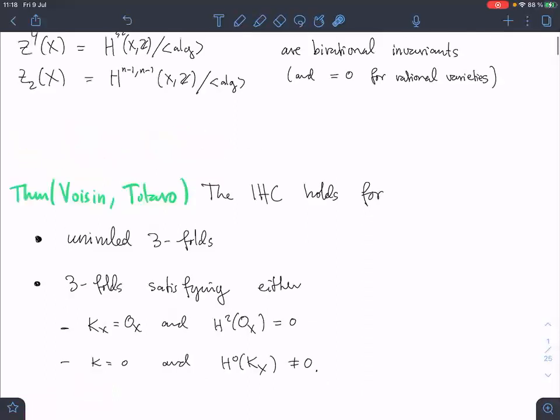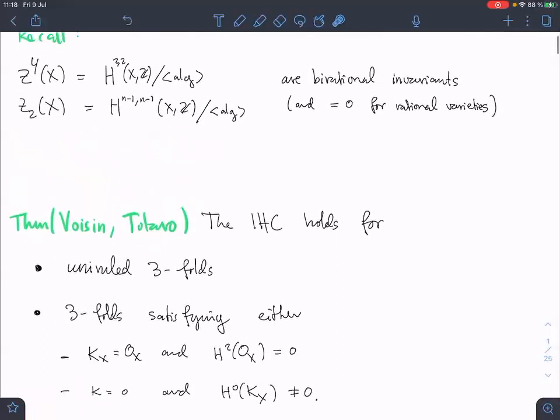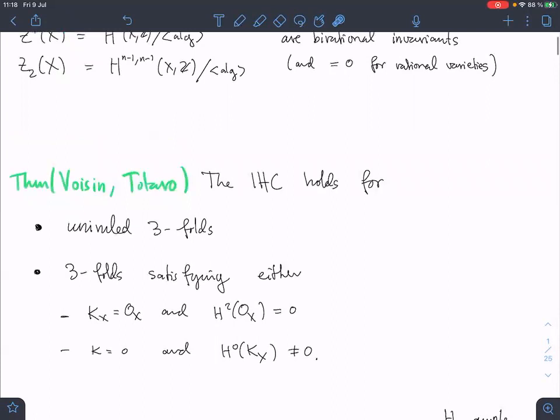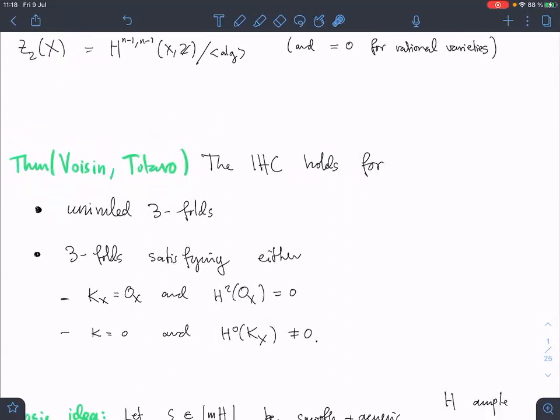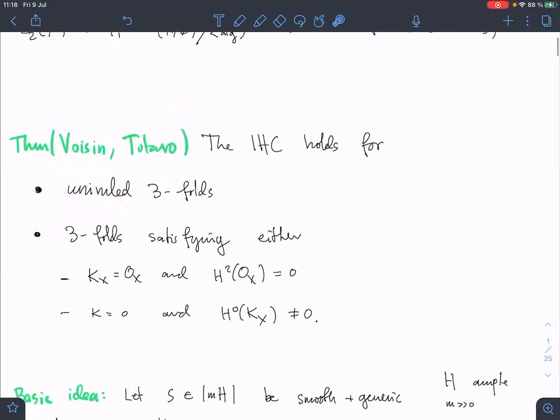Okay, so for threefolds, it's really just one case to look at, which is the degree 4 case, so curve classes. And in that case, we do have some positive results for uniruled and Kodaira dimension 0.